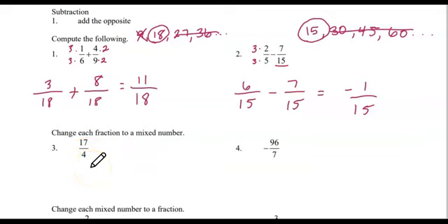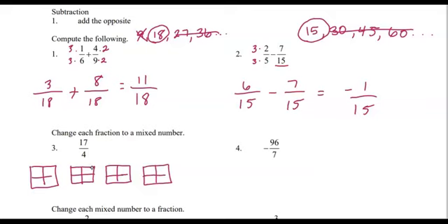If you have 17 of these pieces, you have several wholes here. And so we could model this for them even in a drawing. So, you know, we have a whole split into 4 pieces, another whole split into 4 pieces, another whole split into 4 pieces, another whole split into 4 pieces, another whole split into 4 pieces, etc. We have 17 of these.